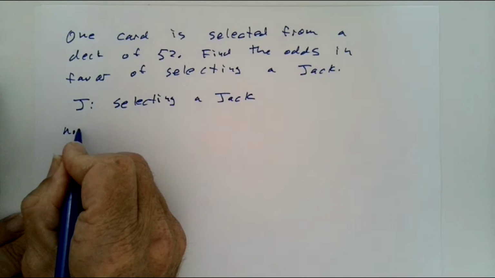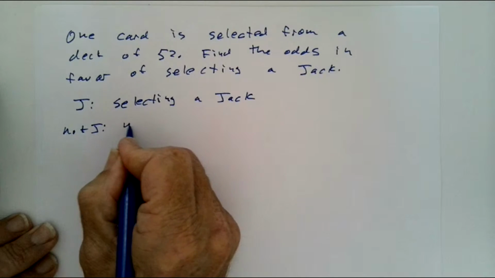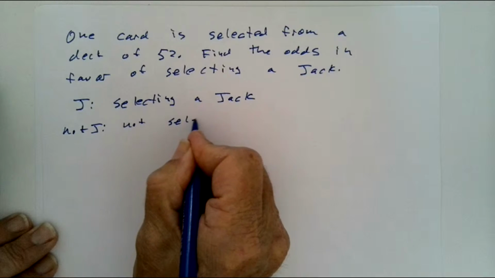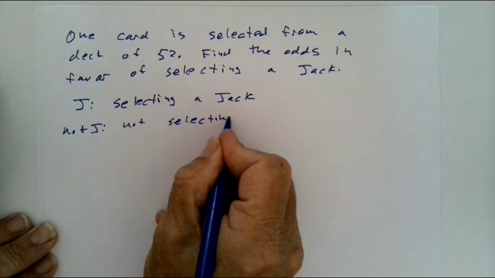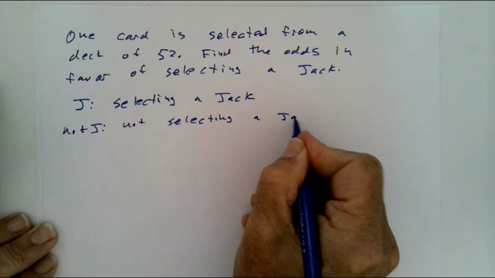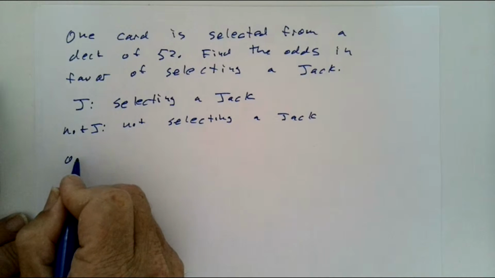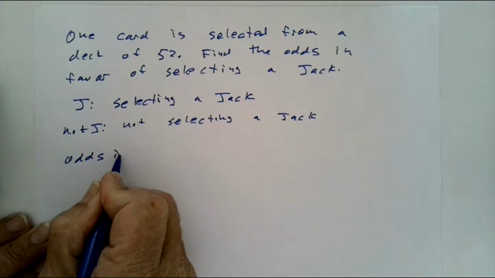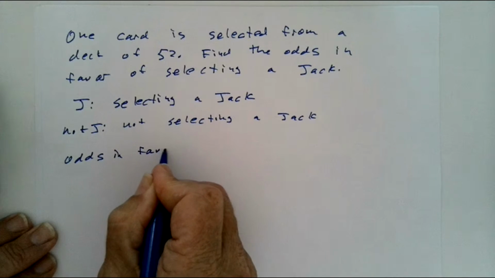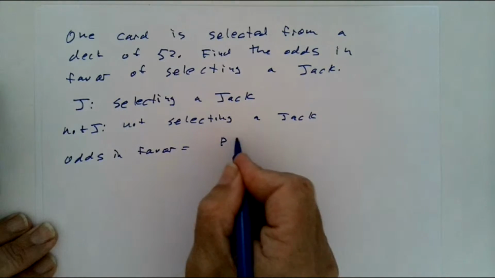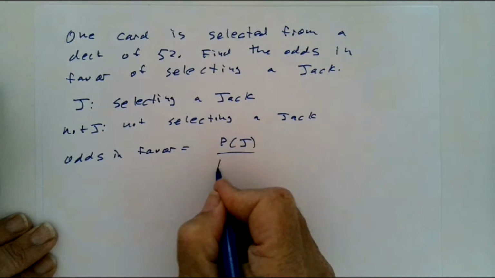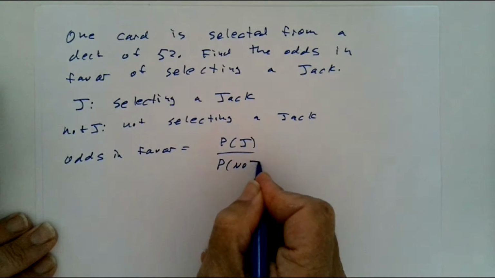Not J, of course, would be the event not selecting a jack. So the odds in favor of selecting a jack would be the probability of J divided by the probability of not J, or J complement if you prefer that notation.